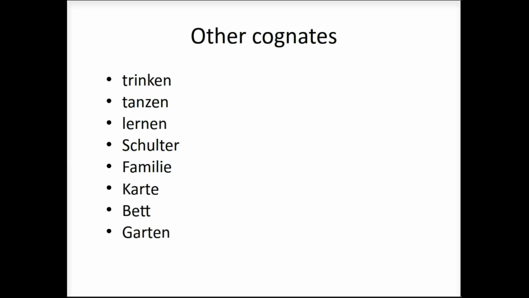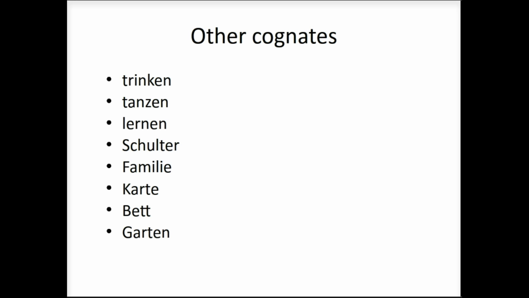This type of slide has some examples of the most common types of cognates that we'll see in German. They don't look identical to the English language, and they don't sound the same as the English word, but we can make some simple changes and get from the German word to the English word.